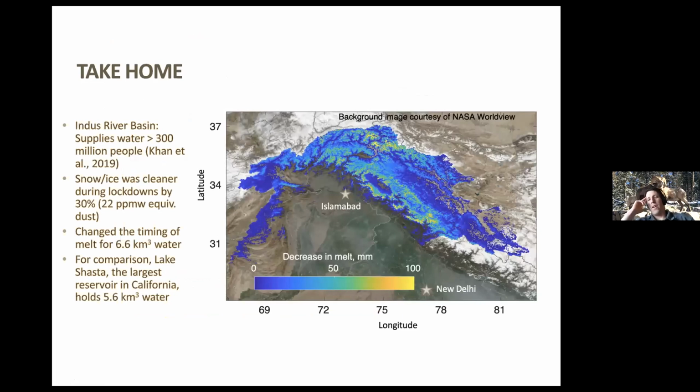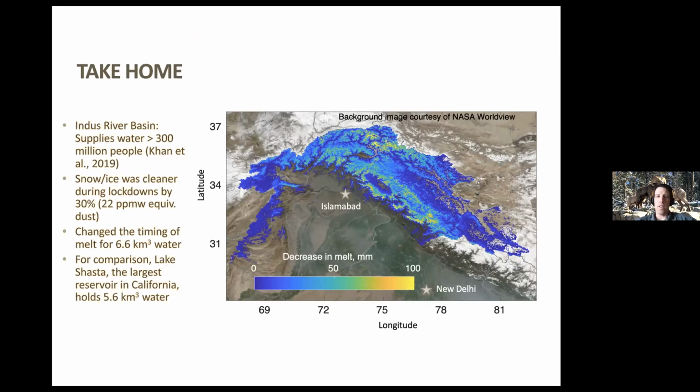And so this was from an American Geophysical Union talk where I was told that you're supposed to put the take-home points first and talk about the methods later. So I tried to do that. As I mentioned earlier, the Indus River Basin supplies 300 million people with water, and it's very vulnerable in terms of these albedo and snow and ice changes because of how much of that water originates as snow and ice.